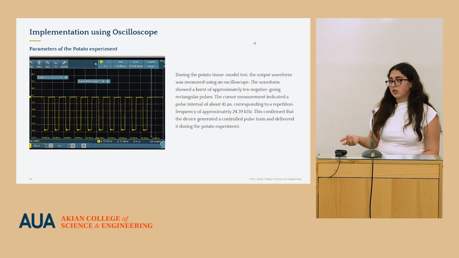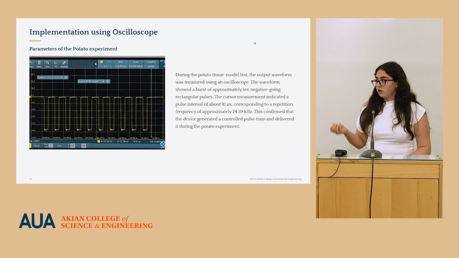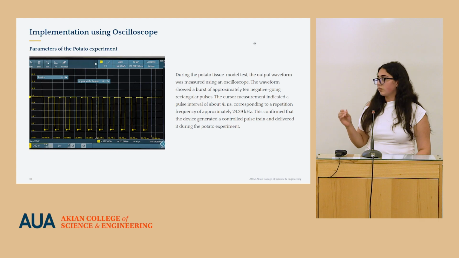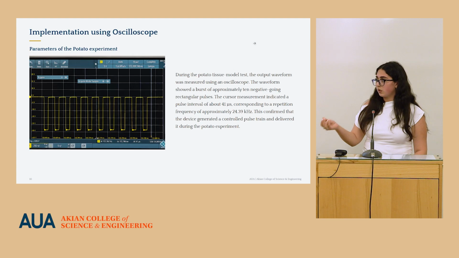That's actually good, because we need constant pulses to damage the cell and cause those irregularities. We need that consistency. If instead of a rectangular signal it was some non-constant or abnormal pulse, then we wouldn't have the guarantee that the cell we want to kill would be dead.